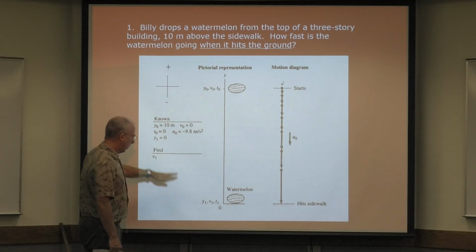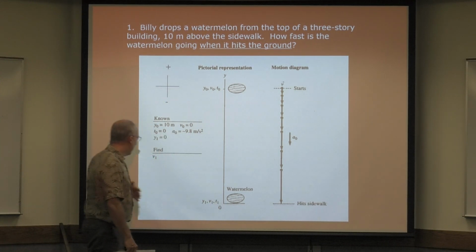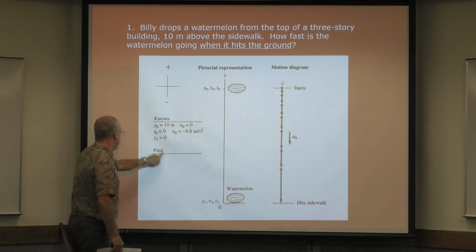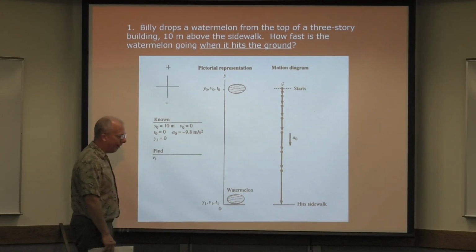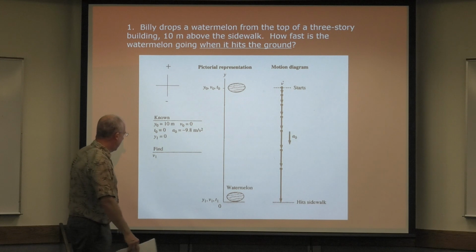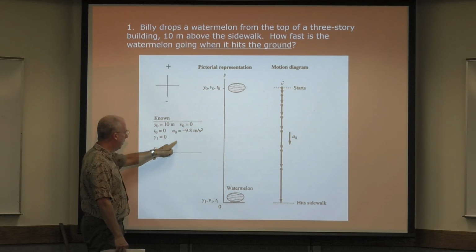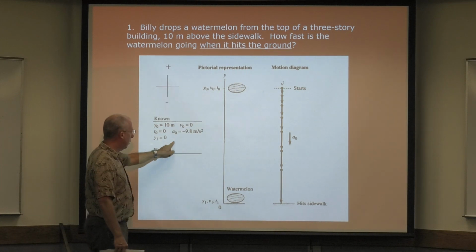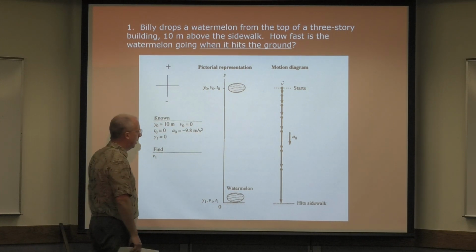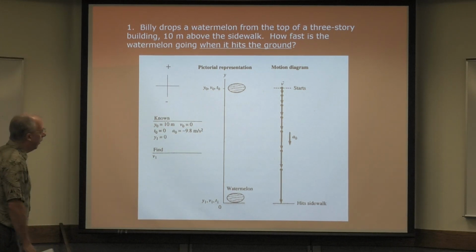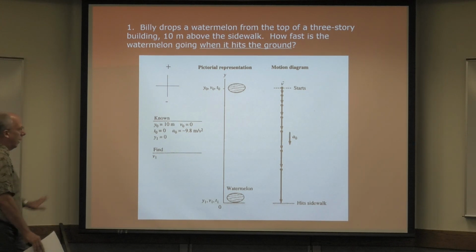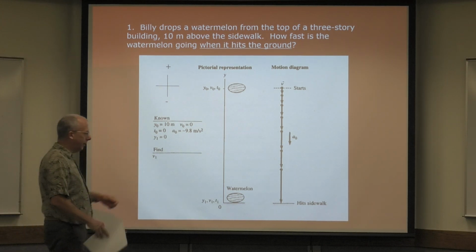So y1 is 0, no kidding. v1, that's what we want to know. If it were me, I'd put a question mark and circle it, so I know exactly what I want. And then t1, we don't know t1, so I would write t1 equals question mark. I think that's good later on when you start getting complicated problems. So that's it. Honestly, if you can do this, you get the problem right.